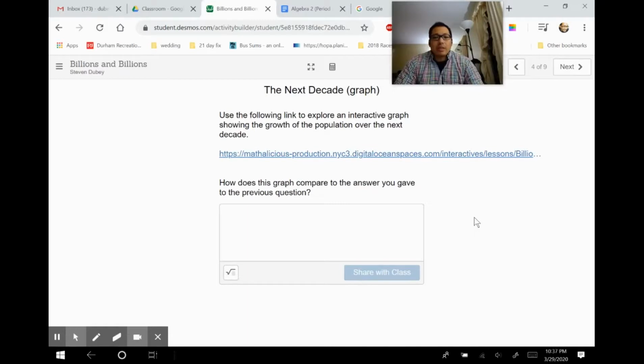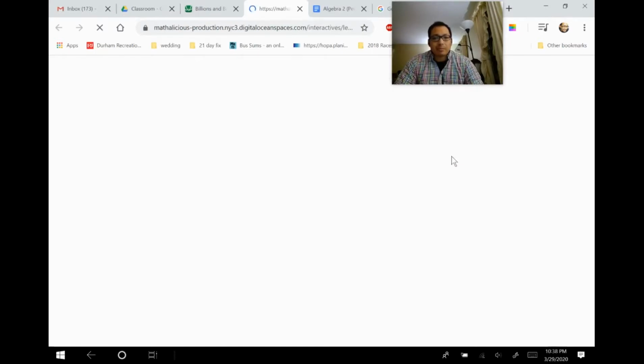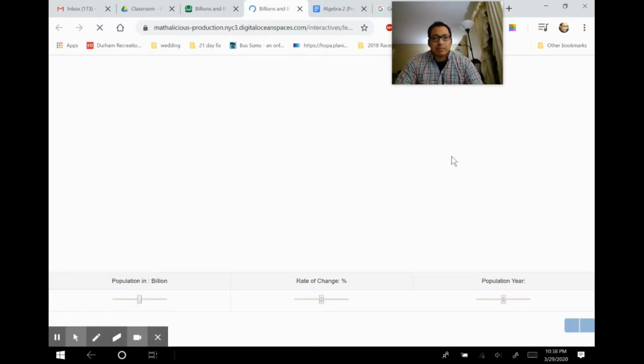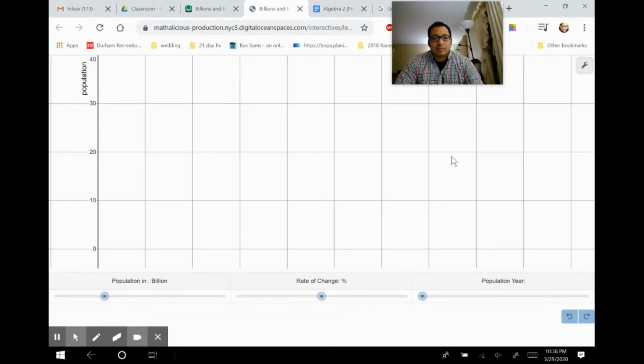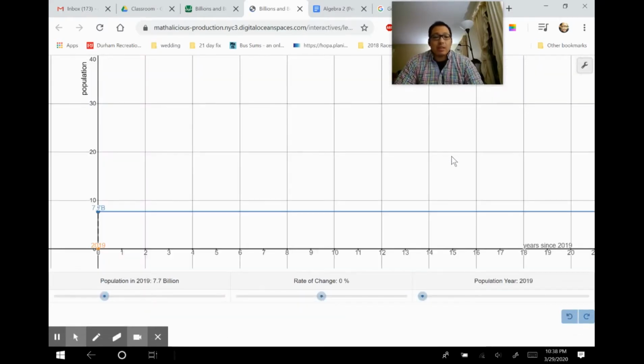Okay, so in the next decade graph, use the following link to explore an interactive graph showing the growth of the population over the next decade. Now this link I copied from the website that I was using. It might not work. If it doesn't, let me know. Go ahead and click on it and take a look at this graph that it brings up, which again is made in Desmos.